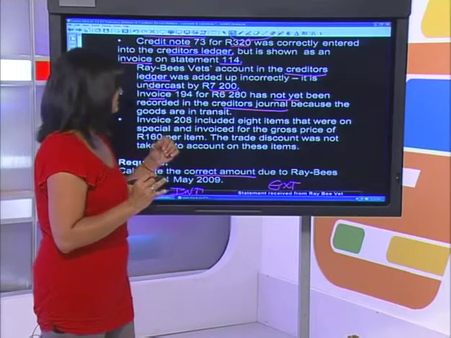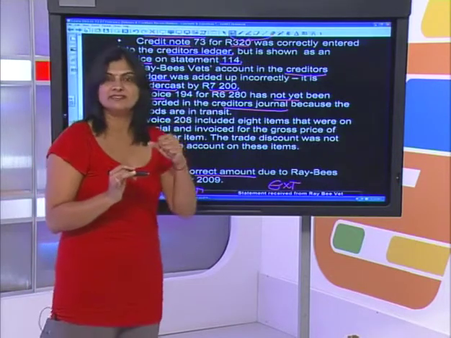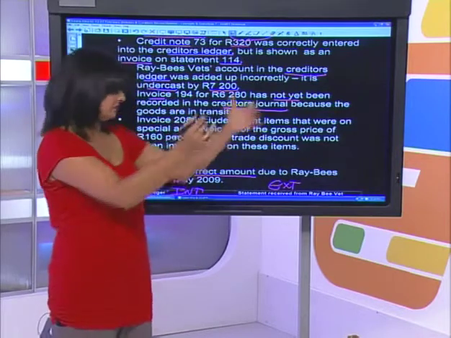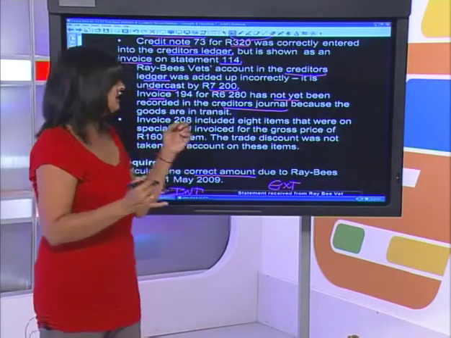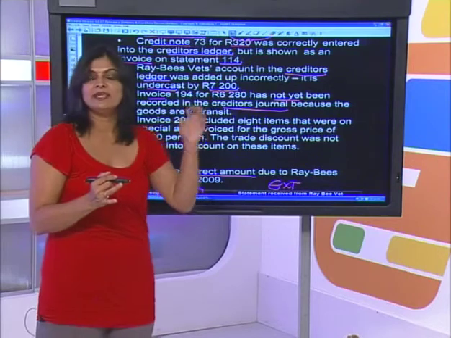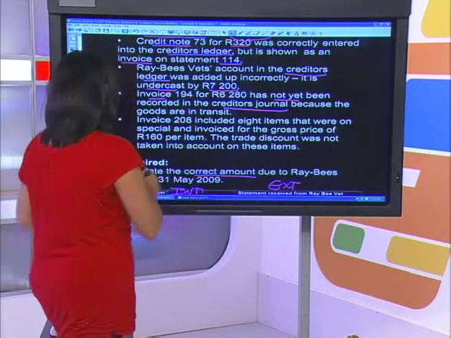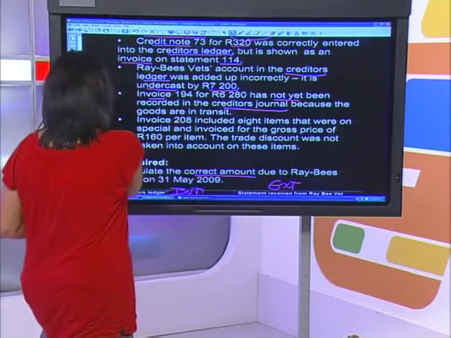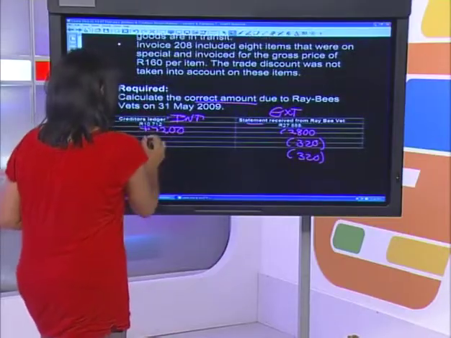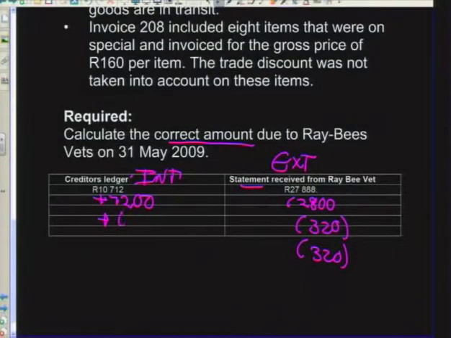So we now need to include this entry. It's a purchase, the goods are on their way, but we are now going to include this entry in our creditor's ledger total. So 6,280 will be added on to our creditor's ledger.